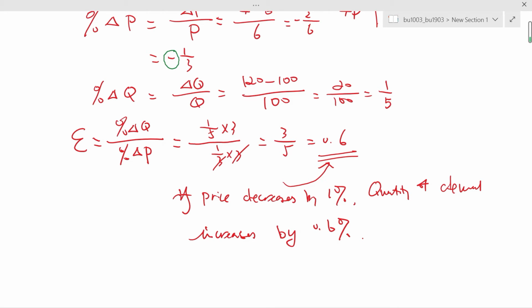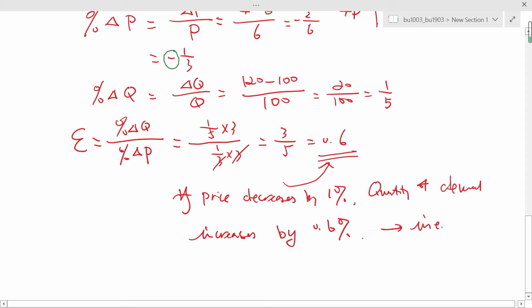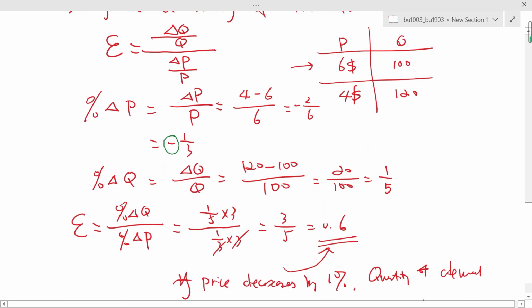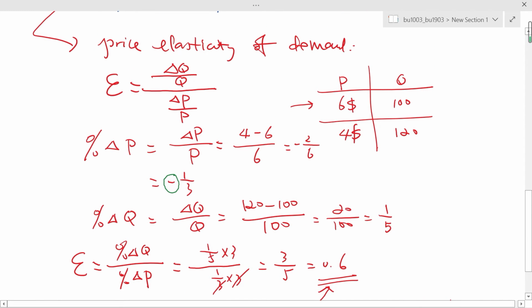So we call this situation demand is inelastic, because a 1% decrease in price results in less than 1% increase in quantity. Okay, so that is price elasticity of demand. Let me move up a little bit and I will erase all this.